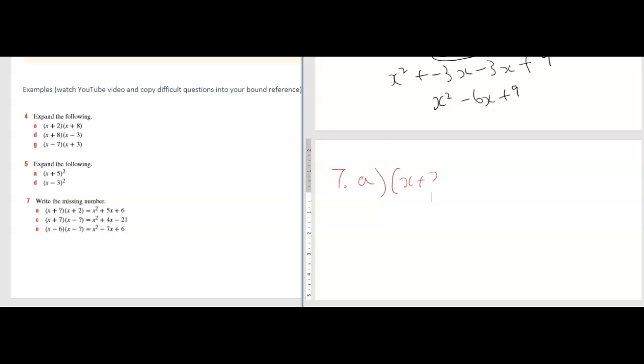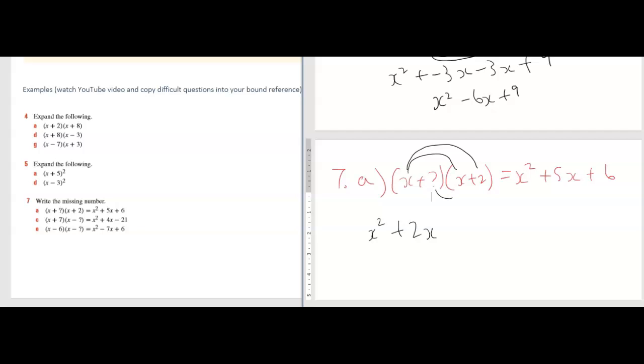So we've got x plus question mark, x plus 2, equals x squared plus 5x plus 6. Now, when we're expanding, so remember we got x times x, which gives us x squared, which is good. And then we've got x times 2, which is 2x.